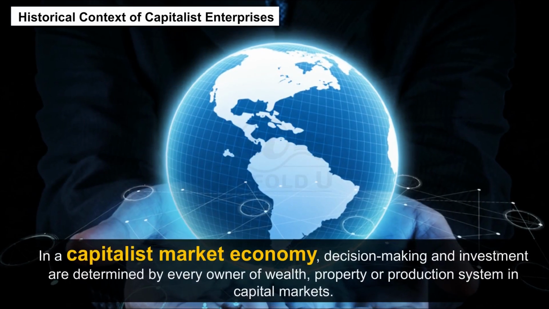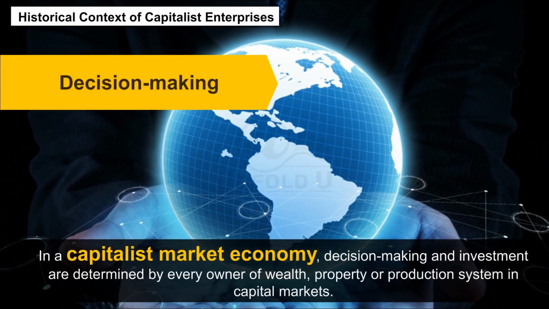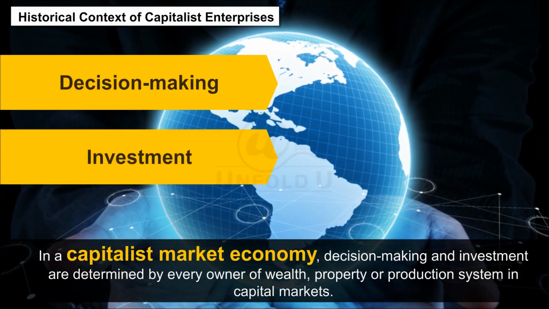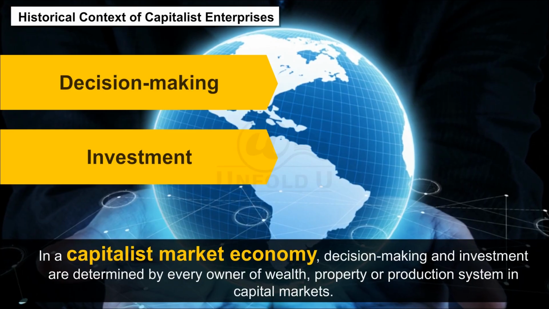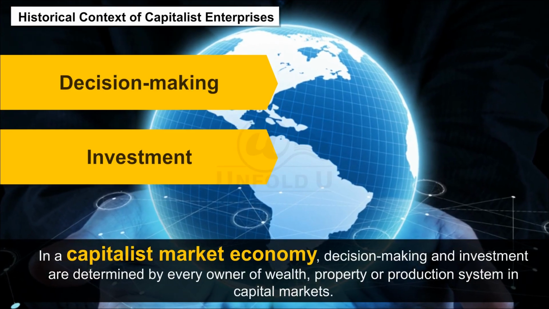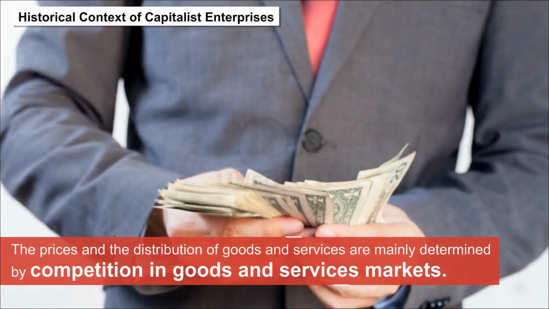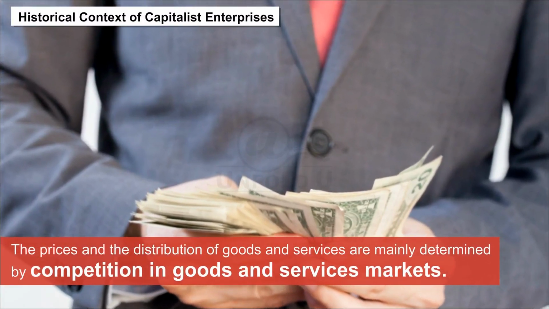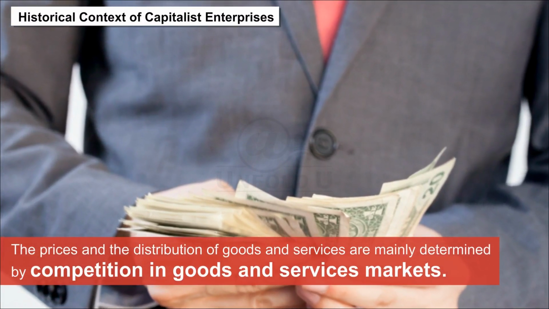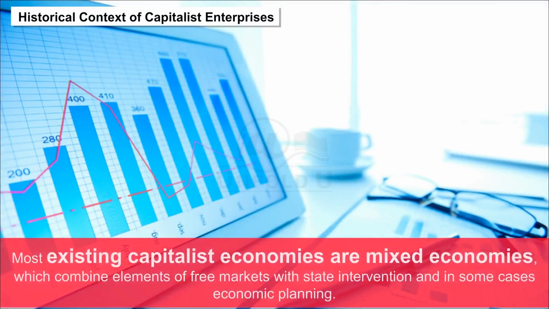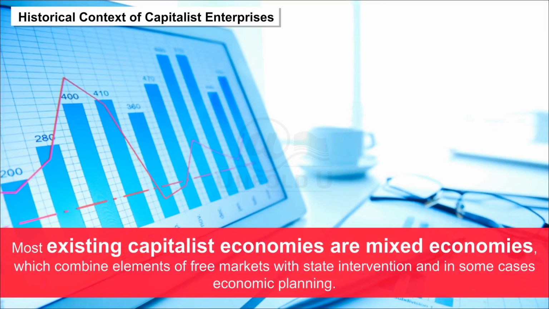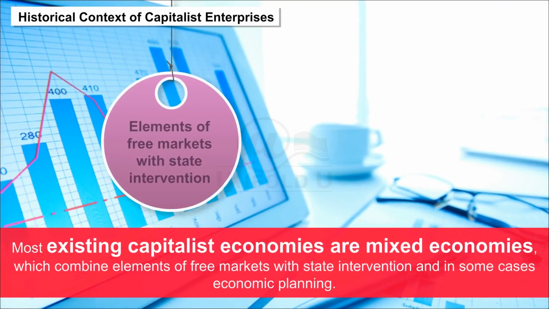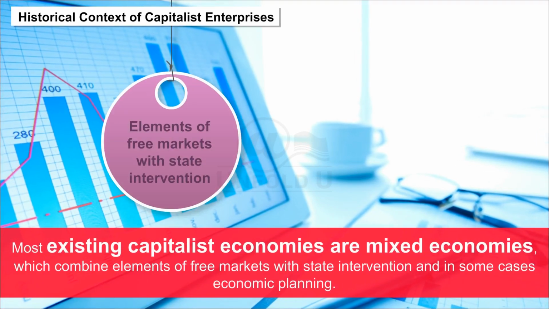In a capitalist market economy, decision-making and investment are determined by every owner of wealth, property, or production system in capital markets, whereas the prices and the distribution of goods and services are mainly determined by competition in goods and services markets. Most existing capitalist economies are mixed economies, which combine elements of free markets with state intervention and, in some cases, economic planning.